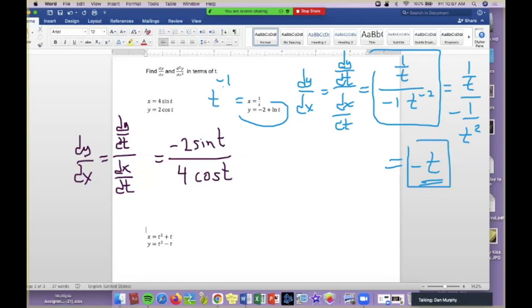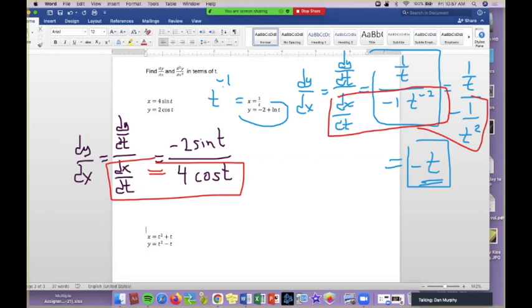But the second derivative is going to be the derivative of the first derivative, but then you've got to put it over dx/dt. So don't lose the fact of what dx/dt is. dx/dt is right there, or if you prefer, right there.